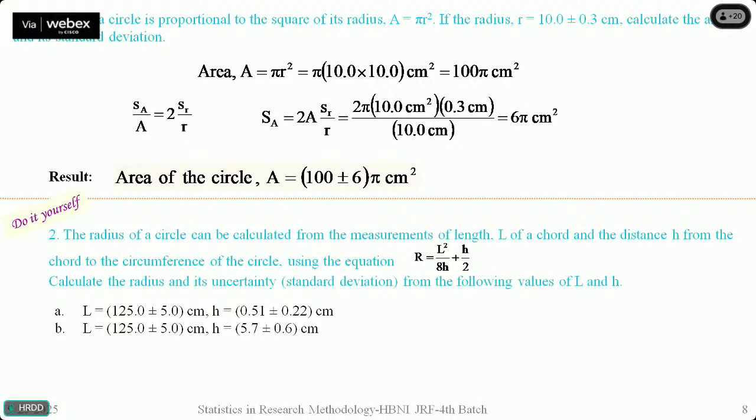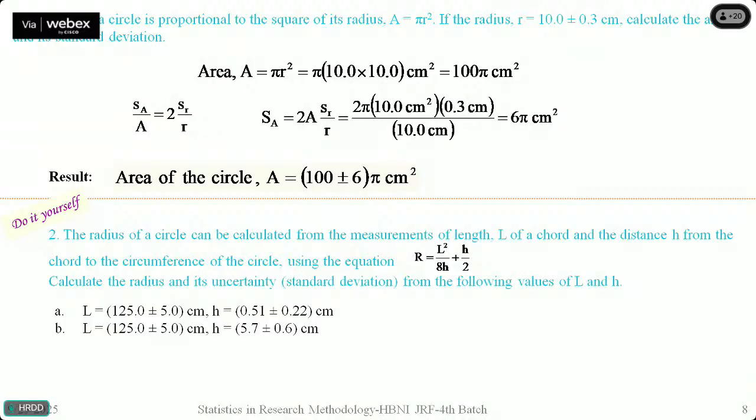Say A is equal to X into Y. If I write the uncertainty as U and the variable as subscript, U of A by A, the square, the relative variance, will be U of X by X, the square, plus U of Y by Y, the square.